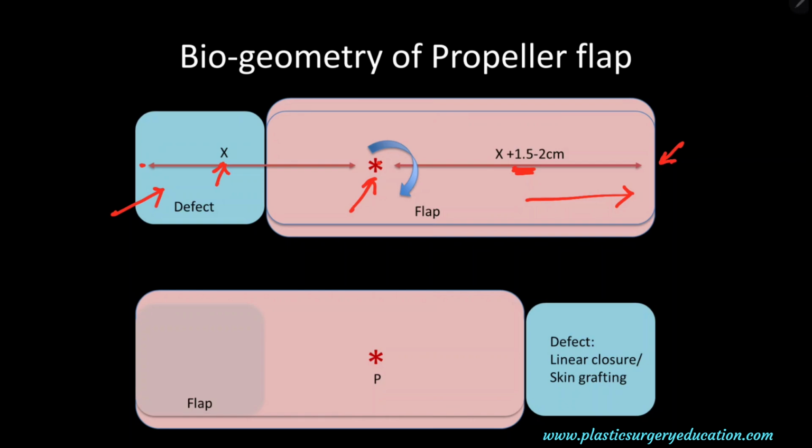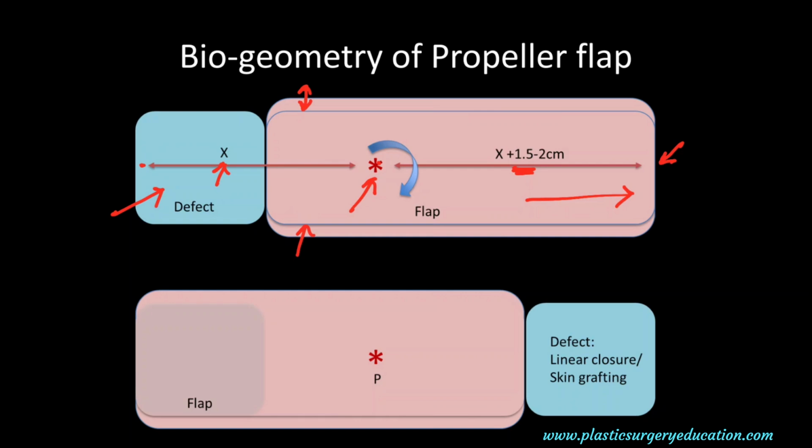Now regarding the width of the defect or width of the flap, we take a bit extra as compared to the width of the defect, because perforator-propeller flaps are known to engorge, known to congest in the post-operative period. So a bit more increase in width is also helpful.